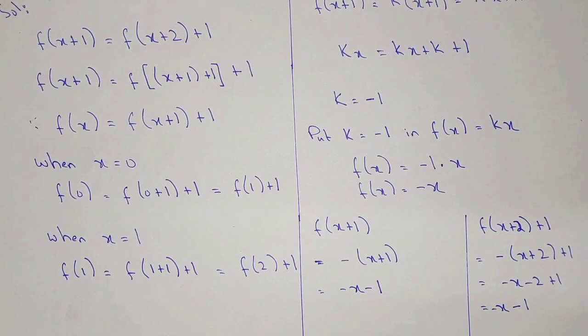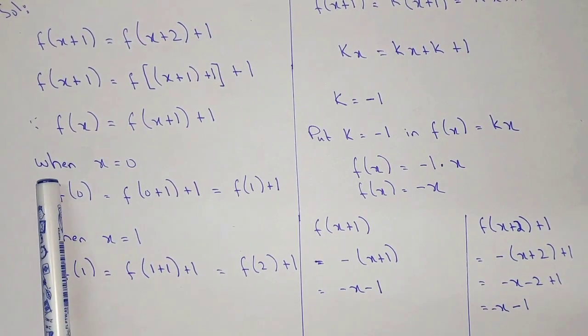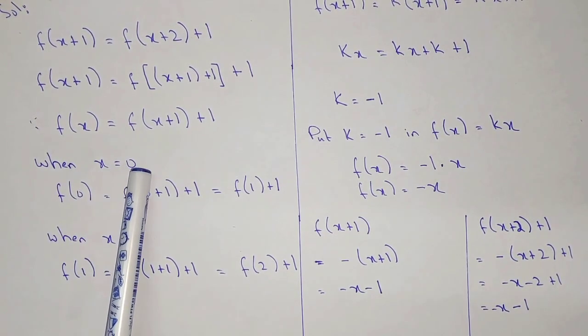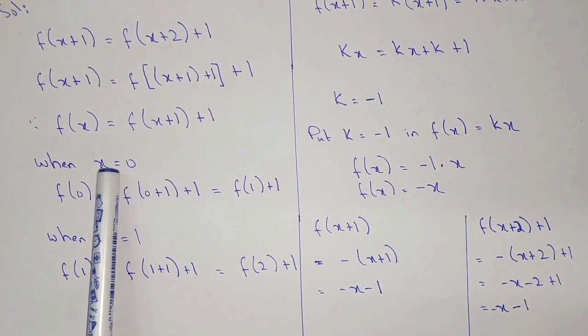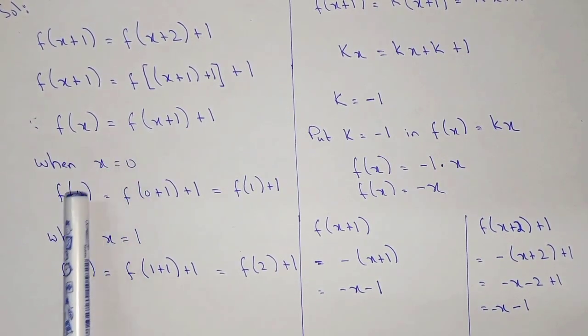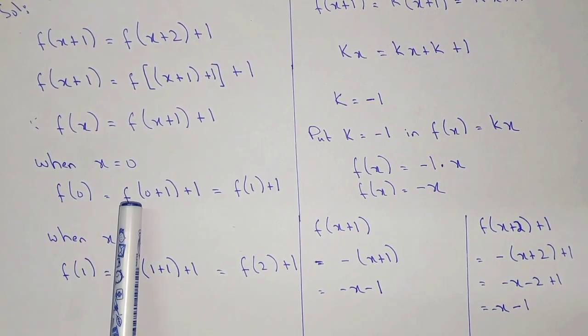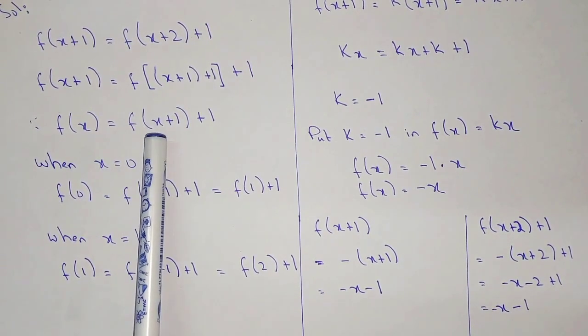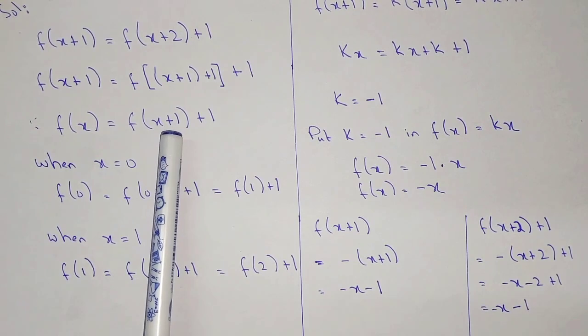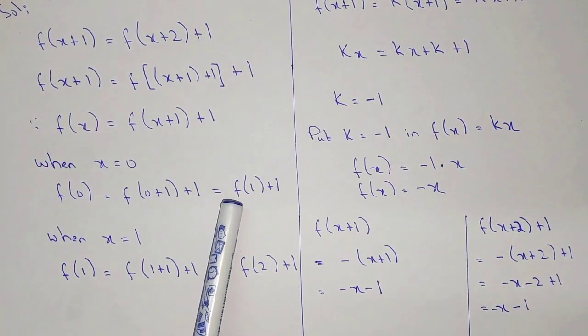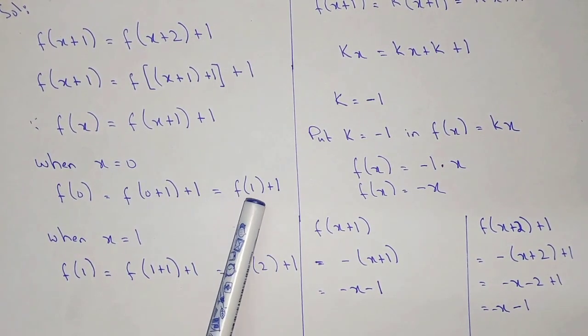Now we are using the trial and error method. So let's suppose x is equal to 0, and if we put x equal to 0 in this function, then f(0) = f(0+1) + 1, we will get f(1) + 1. So this is not going to work.